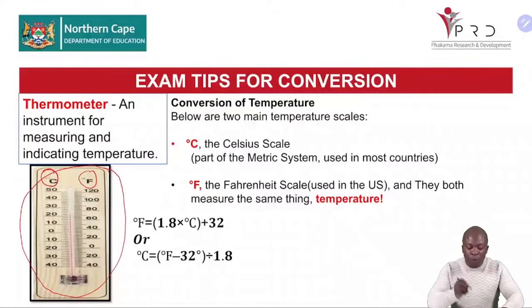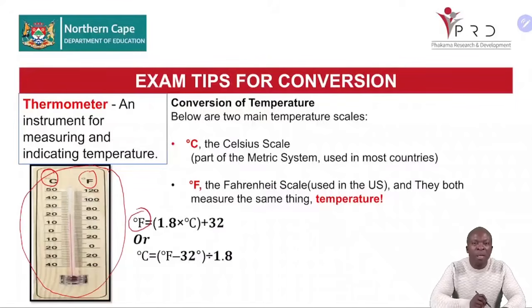So if you want to convert your temperature that has been given to you from degrees Celsius to degrees Fahrenheit, what you have to do is you multiply that temperature which is in degrees Celsius by 1,8 and then you add 32. That is the standard formula which is used. You see this formula that you are seeing on the screen.